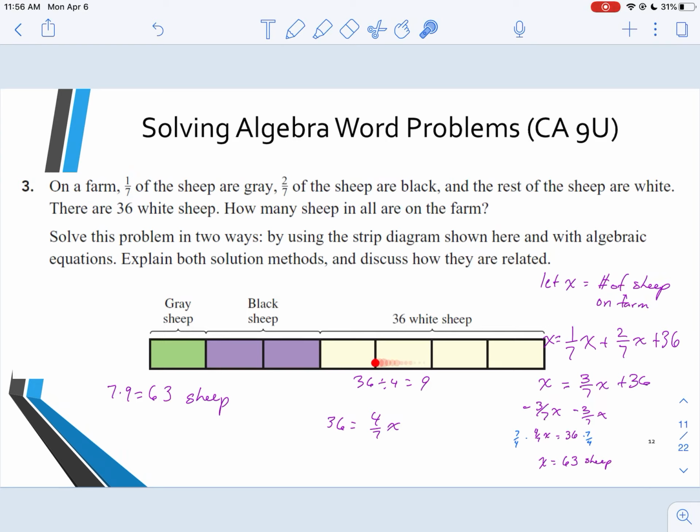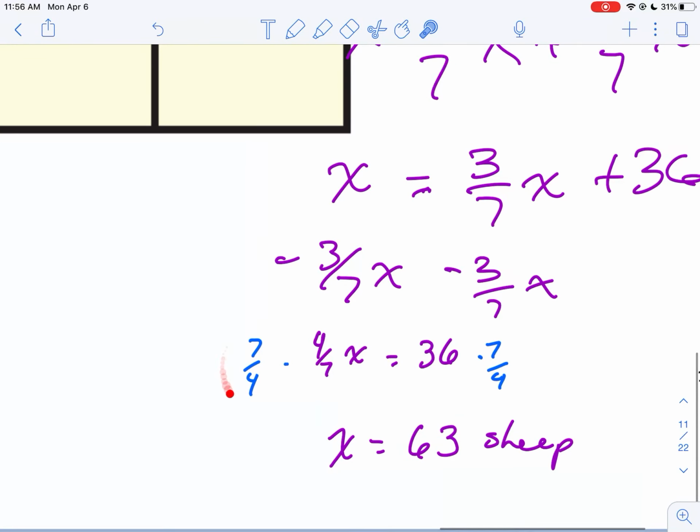The key here was when we took 36 divided by 4. Well, here we saw that visually 4/7 of the sheep were white, and so we wanted to know what 1/7 of the sheep was. Here we could have done the same thing, setting up and looking to find 36 as 4/7 of the sheep.